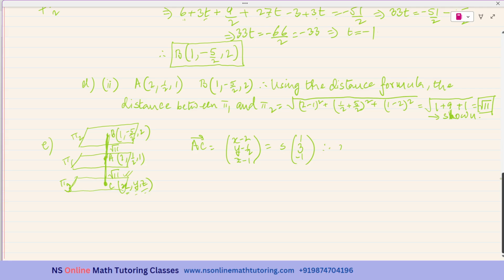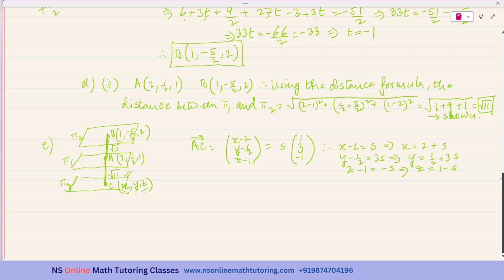So therefore, x minus 2 is equal to S, implies x equal to 2 plus S. Y minus half is equal to 3S, implies y equal to half plus 3S, and z minus 1 is equal to minus S, implies z is equal to 1 minus S.